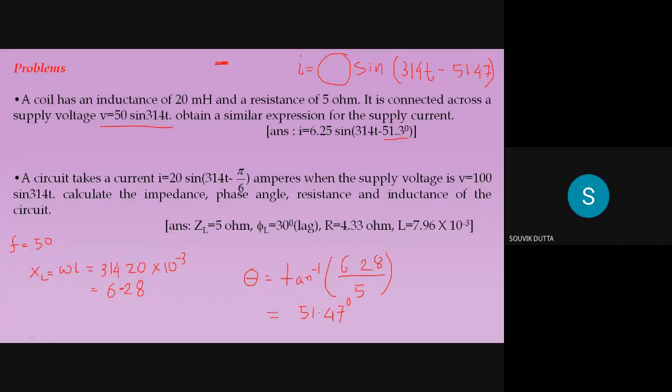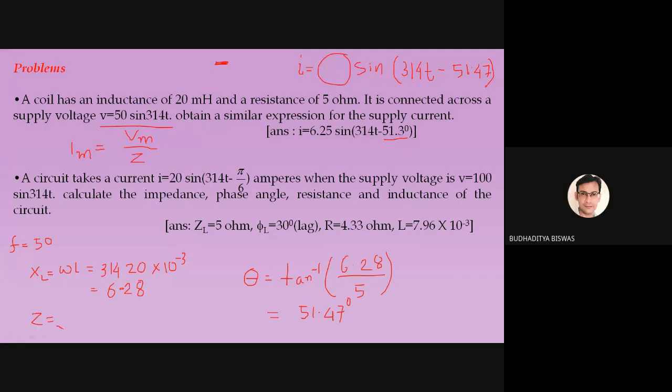Im equal to Vm by Z. What is the value of Z? Z equal to root over XL square plus R square.